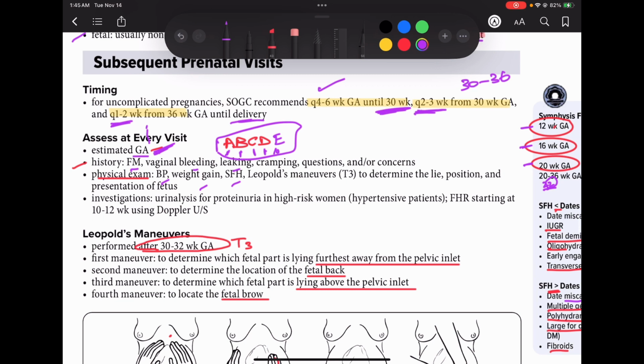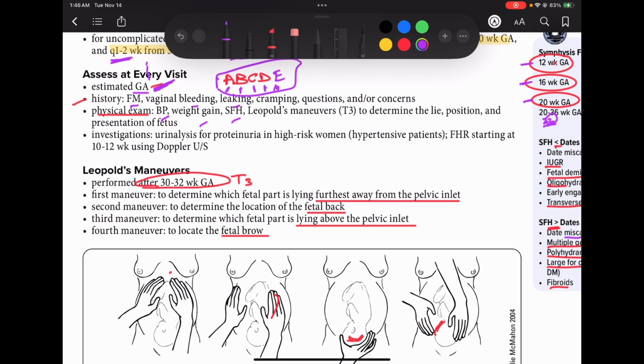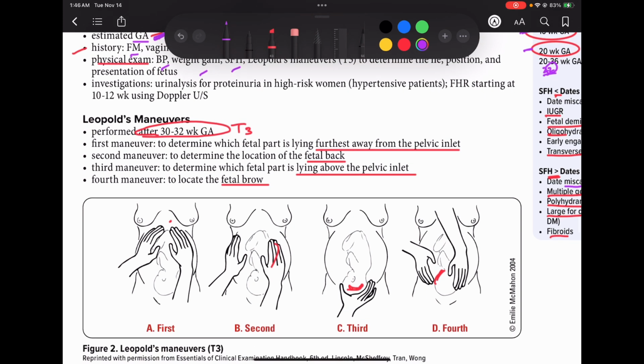Okay, so the physical exam would include this, measuring the height, measuring blood pressure, weight gain, and we can also do the Leopold's maneuver in the 3rd trimester, around 30 to 32 weeks of gestational age. It has 4 steps. In the first maneuver, we determine which fetal part is lying furthest away from the pelvic inlet.